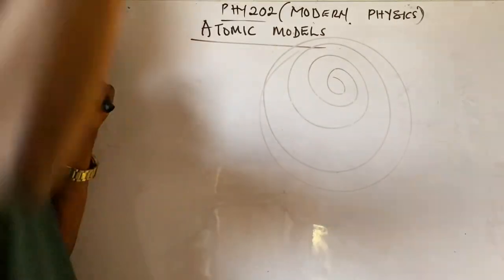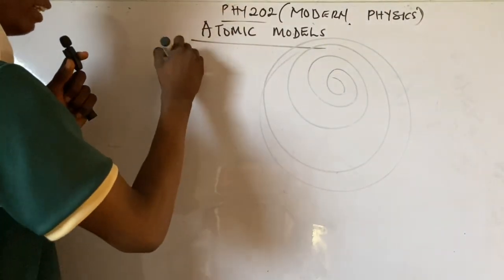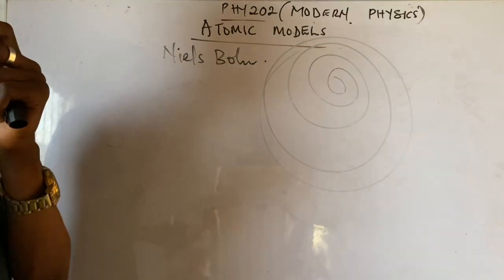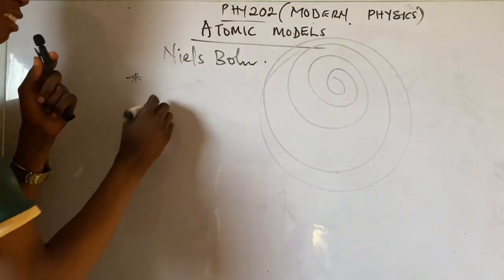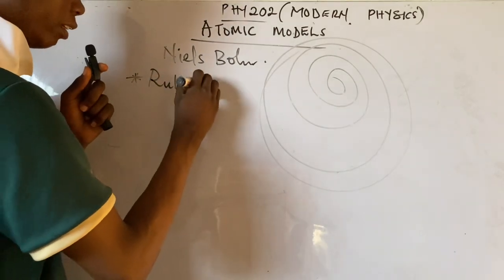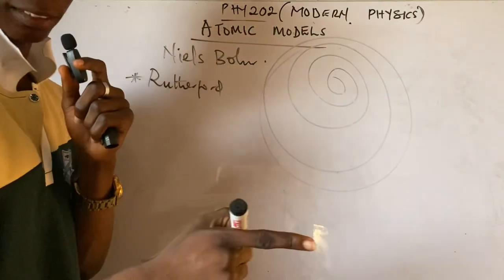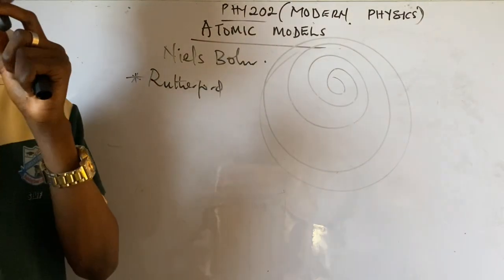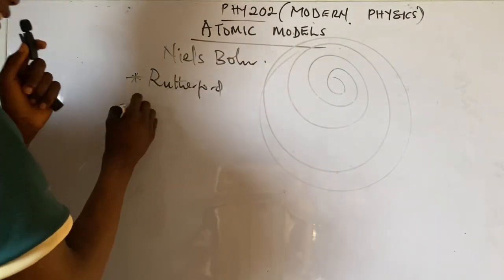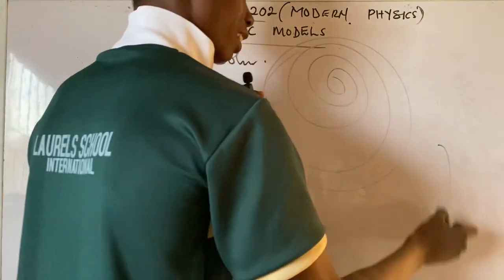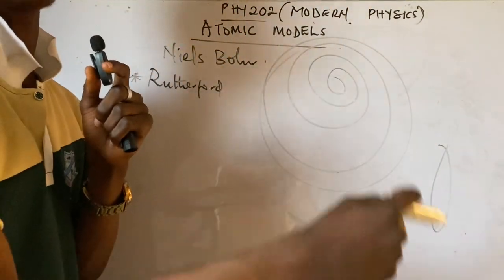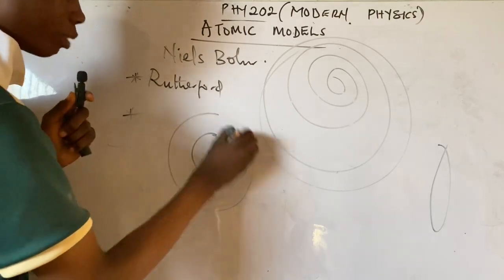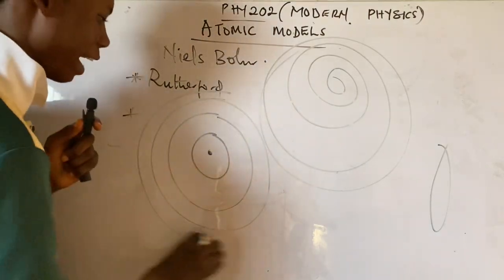Then it was completed by Niels Bohr, who stated his own model of atom. Number one, the Rutherford model is basically correct. That is the first postulate of the Bohr model of atom. Then the second is that the electrons orbit around the nucleus in specified orbits, not in the way Rutherford said.